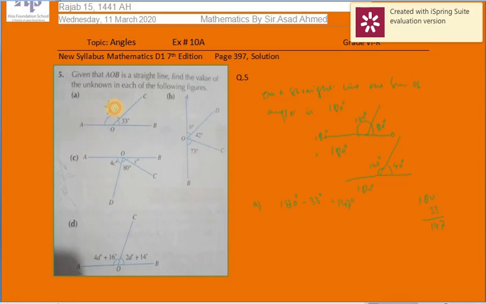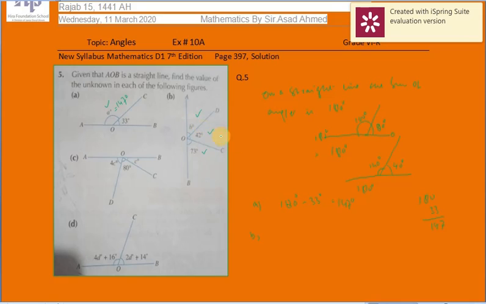So A must be equal to 147 degrees, and when we add 33 and 147 degrees, it becomes 180 degrees.